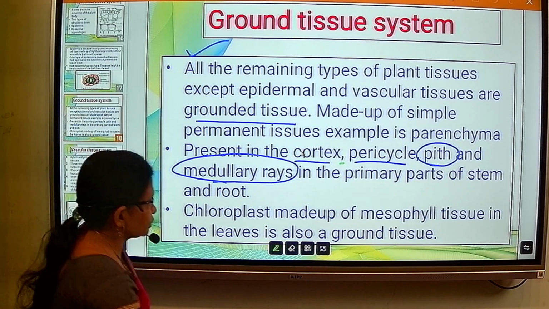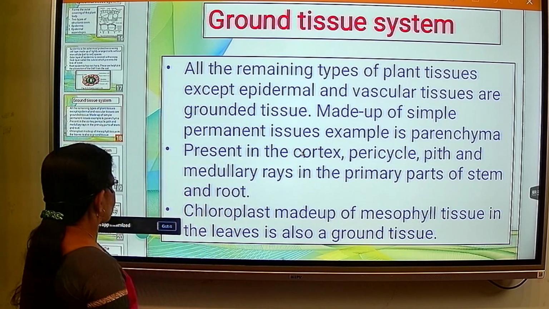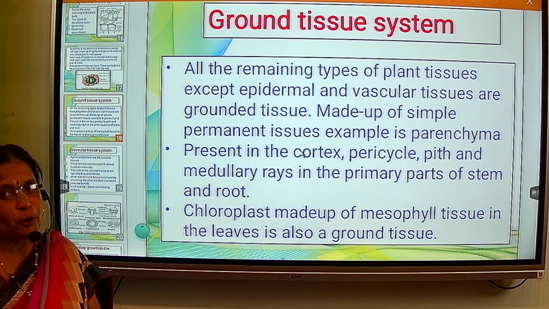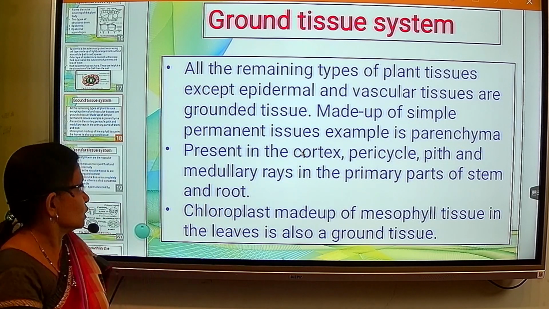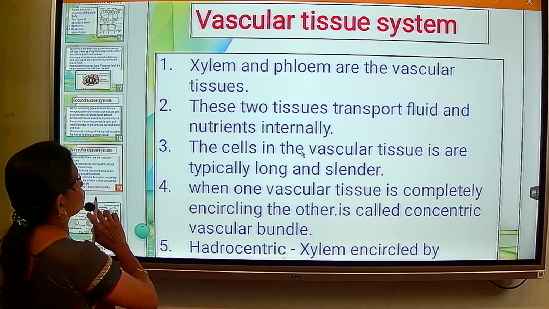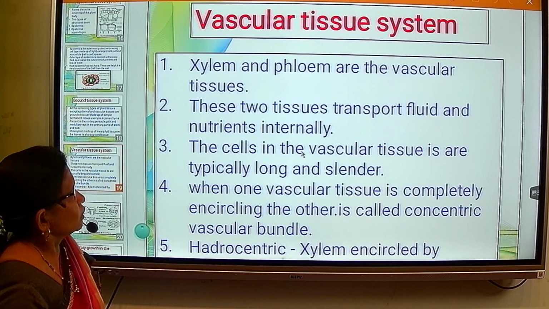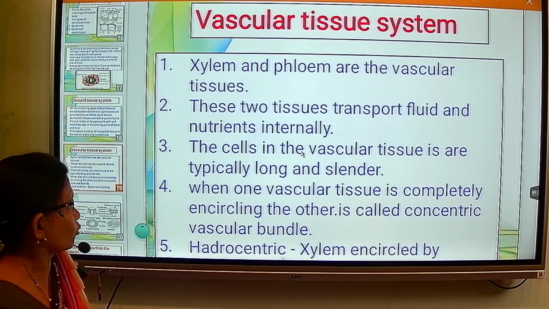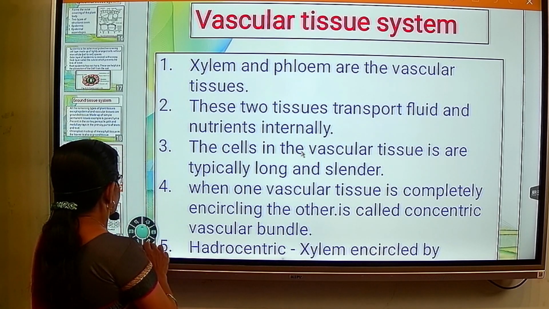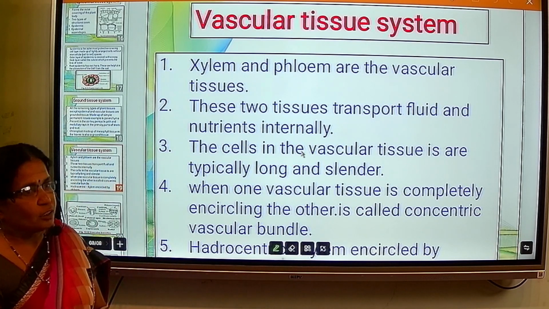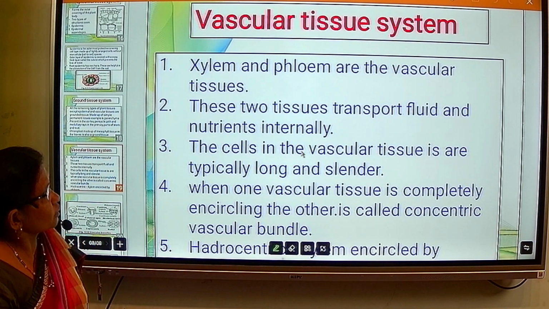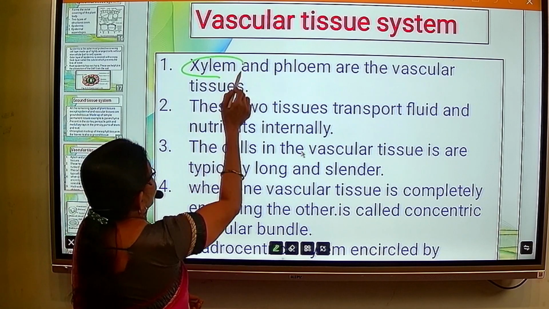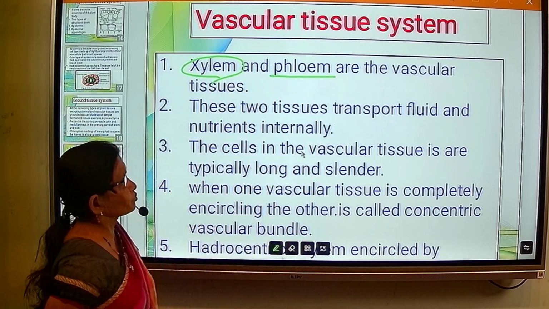Now we will see about the next tissue system, that is vascular tissue system. Vascular tissues mainly consist of the xylem and phloem.